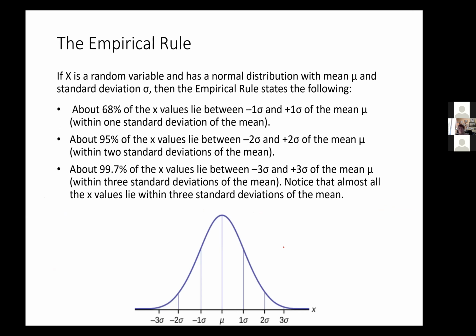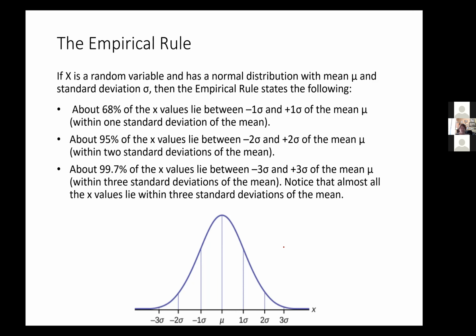Okay, so the empirical rule. If x is a random variable and has a normal distribution with mean mu and standard deviation sigma, then the empirical rule states the following.